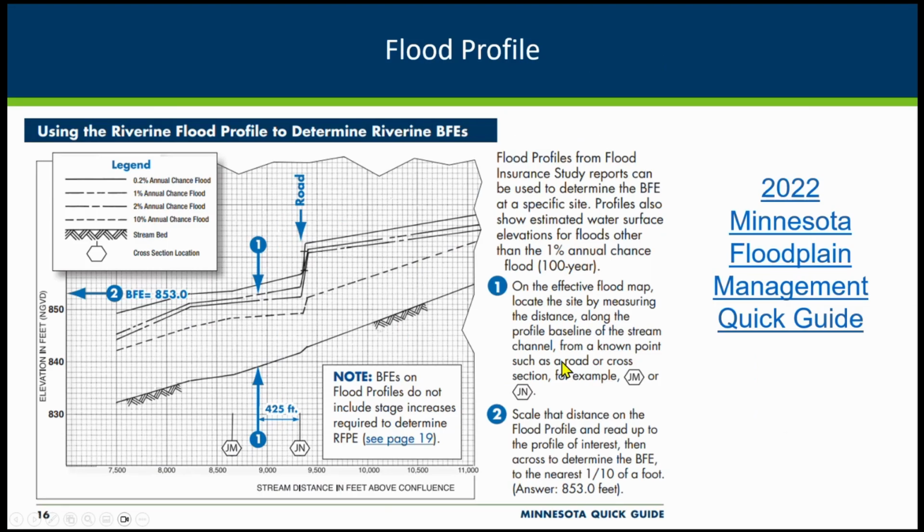But if you wanted to see the information for your 10-year, 50-year, and 500-year, then you would go to the profile. And if you've got sites between cross sections, you'll want to look along that profile to get a more accurate determination of the flood elevations.